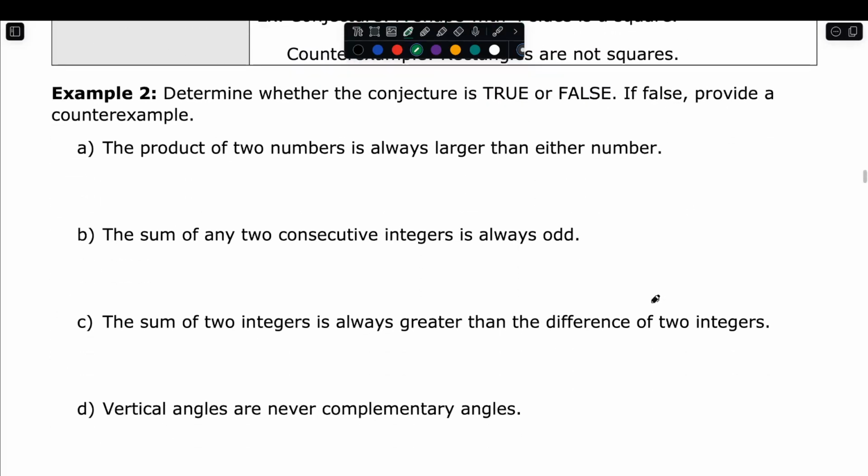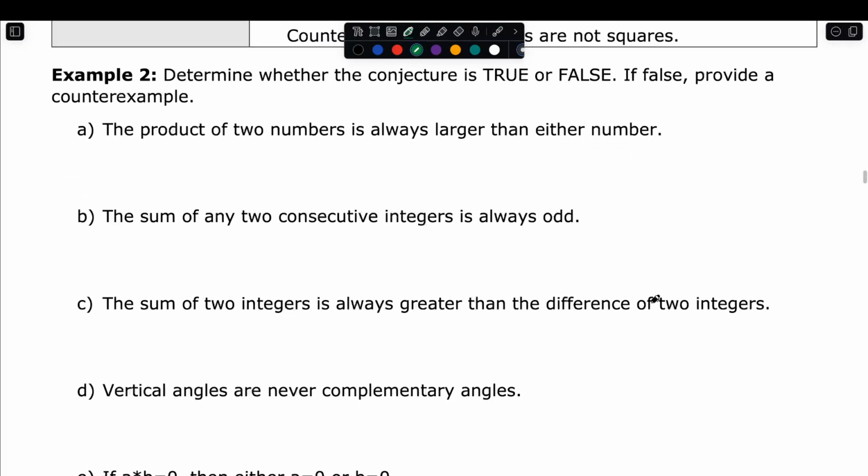So let's see if we can put that into practice with example number 2. Determine whether the conjecture is true or false. If false, provide a counterexample. The product of 2 numbers is always larger than either number. True or false.